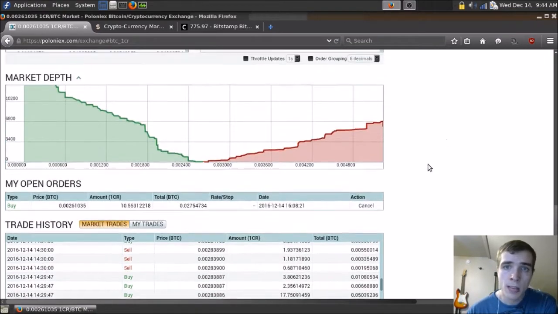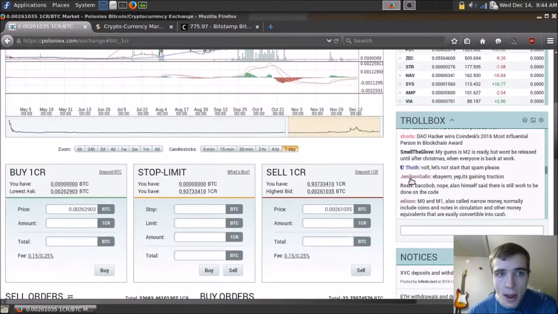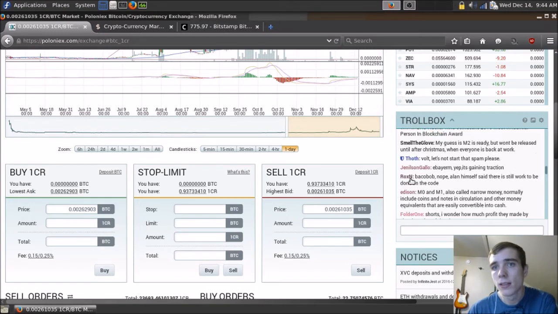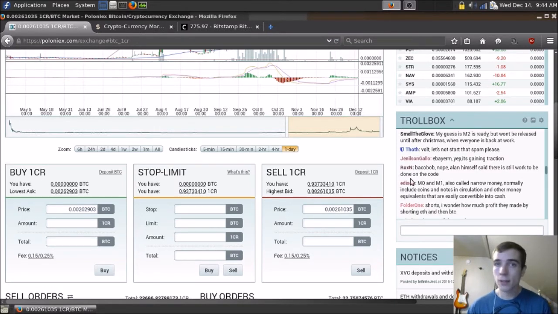Now, in a market, your buy price is called your bid. So if you want to buy a coin at a certain price, that's your bid. That's how much you're willing to bid on the value of that specific coin or currency or commodity or stock, whatever it is. It doesn't matter.